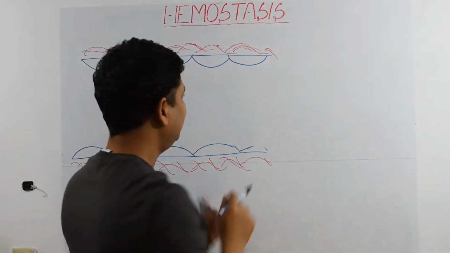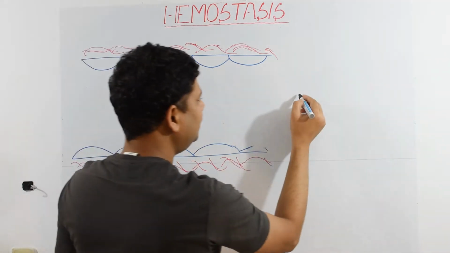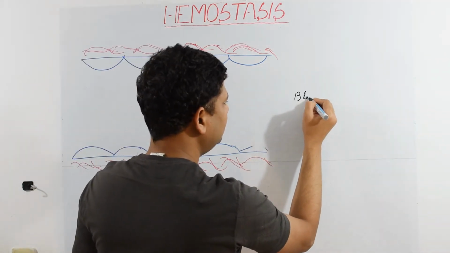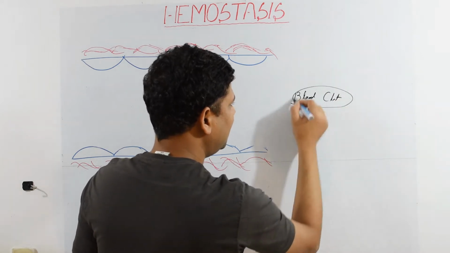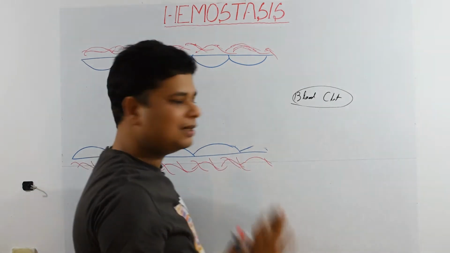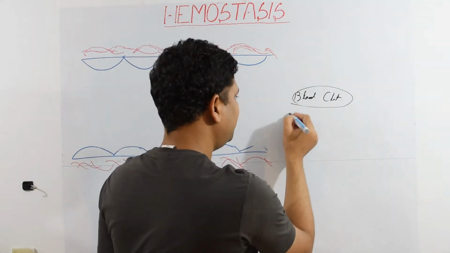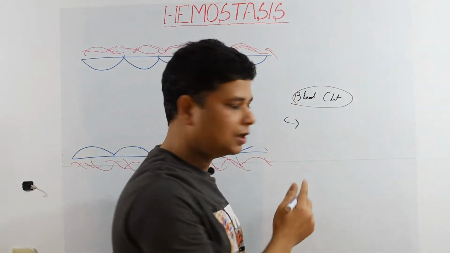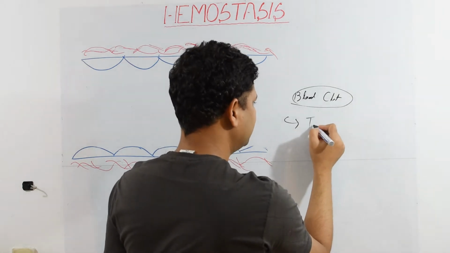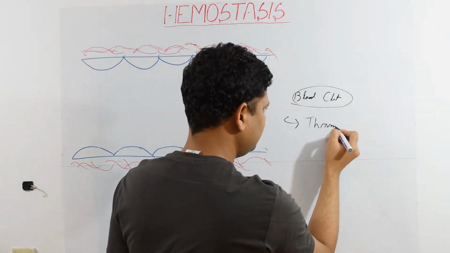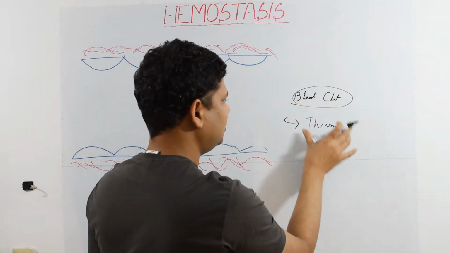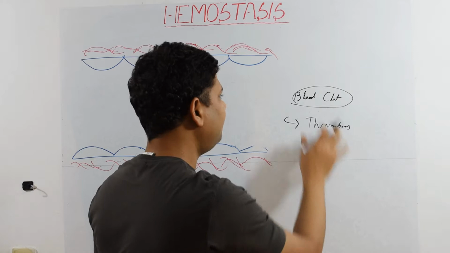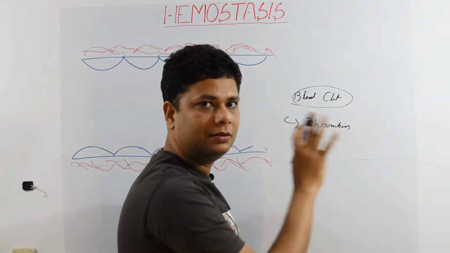So in simple words, it is called a blood clot. Actually, this blood clot happens in normal condition, but when it happens in disease condition, that is called thrombus. So this is the difference between blood clot and thrombus. Thrombus is in disease condition, but a blood clot happens normally.